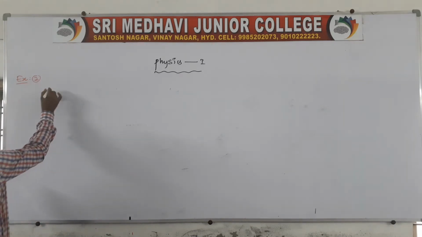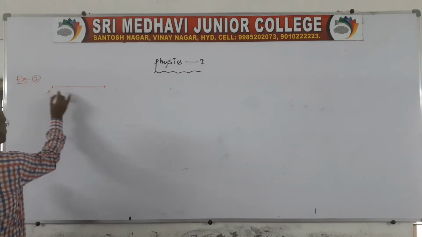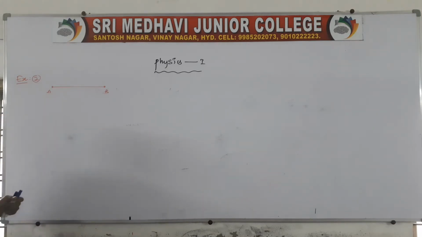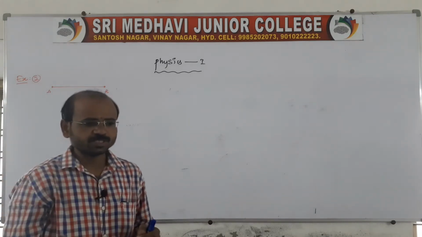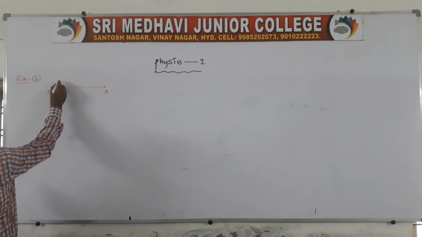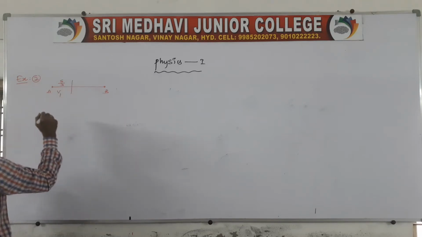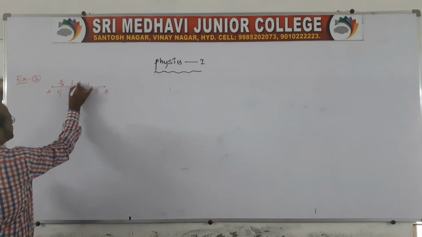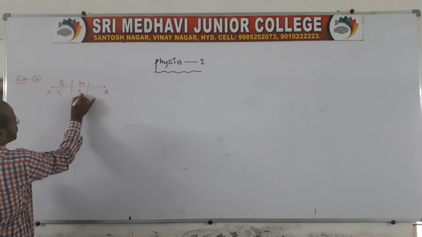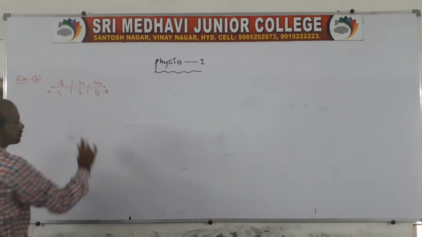Suppose a particle is traveling between two positions, A and B. In the first one third of the distance it travels with speed v1, the next one third of the distance with speed v2, and the last one third of the distance with speed v3.